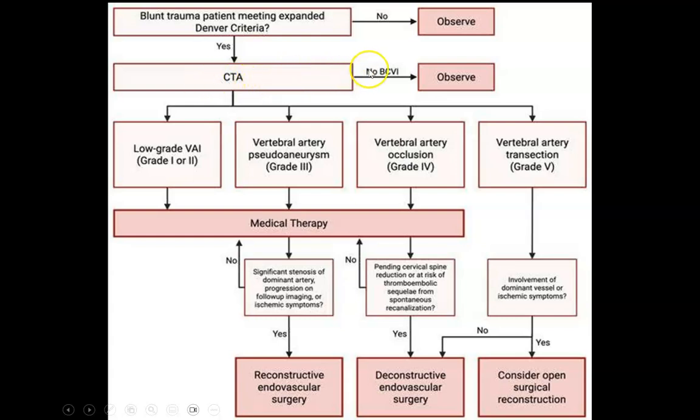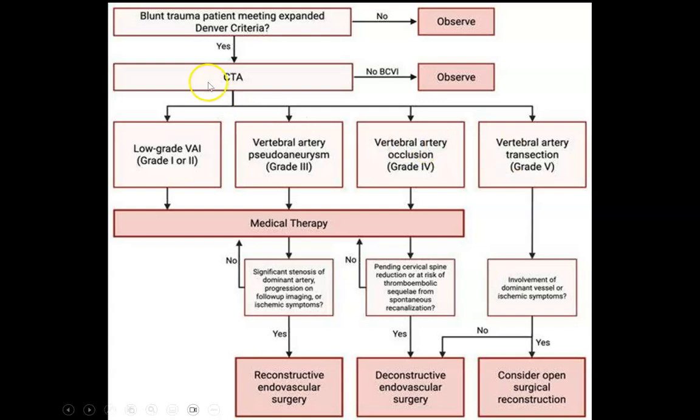If there is nothing serious, you observe. But if there is something serious, what is it? Is it grade 1 or 2, narrowing, or grade 3, the pseudoaneurysm, or grade 4, complete occlusion of the vertebral artery, or grade 5, transection.